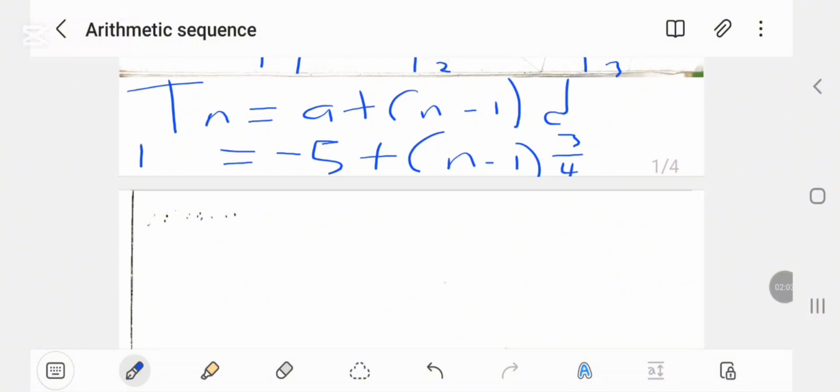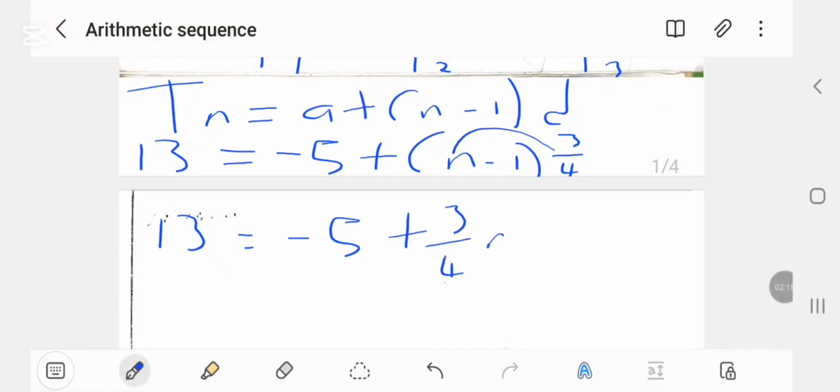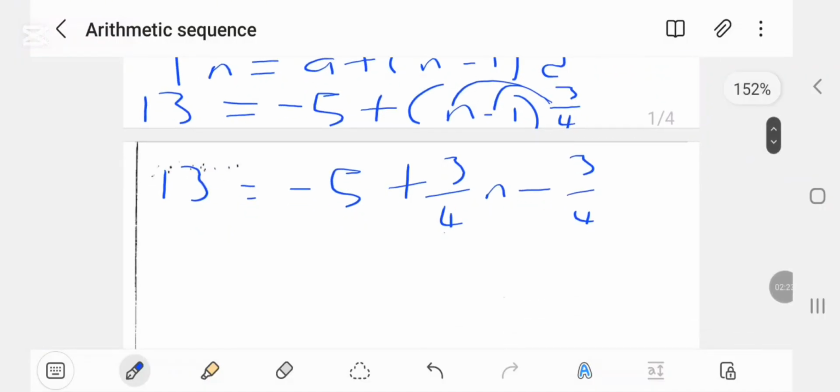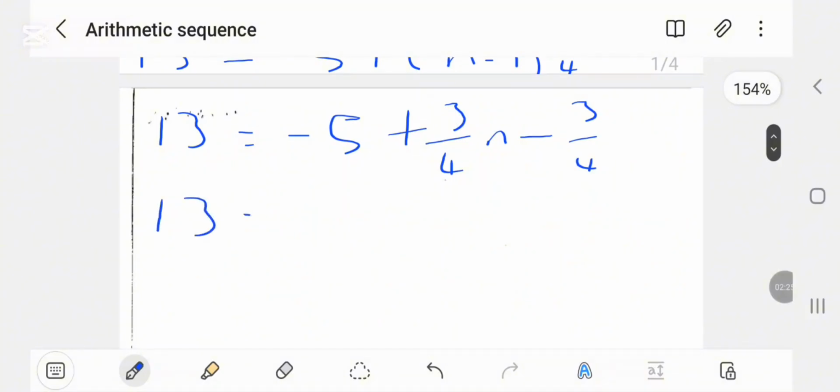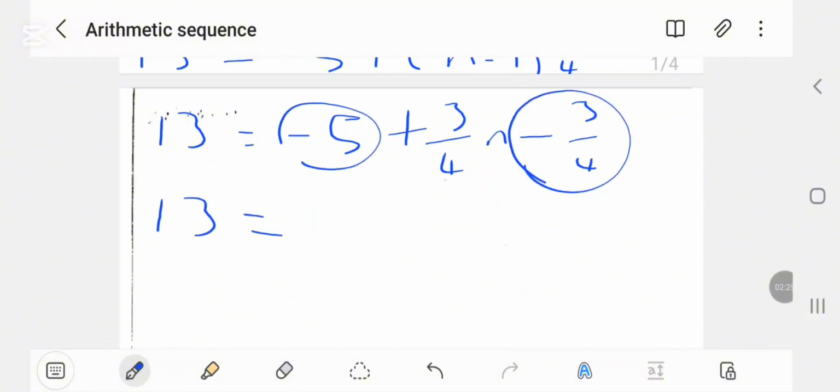That's d. So let's go back and write 3 over 4 is equal to 13 then. So 13 is equal to minus 5, plus 3 over 4 times n, which is positive 3 over 4n. 3 over 4 multiplied by minus 1 is minus 3 over 4. So we have 13 is equal to, now these and these are like terms.